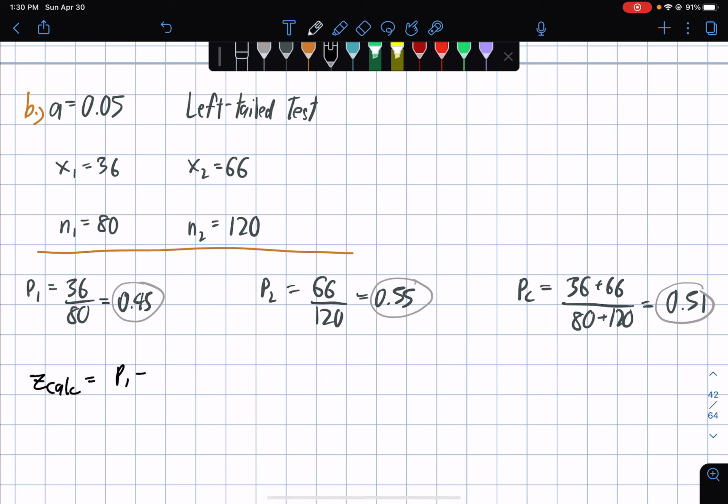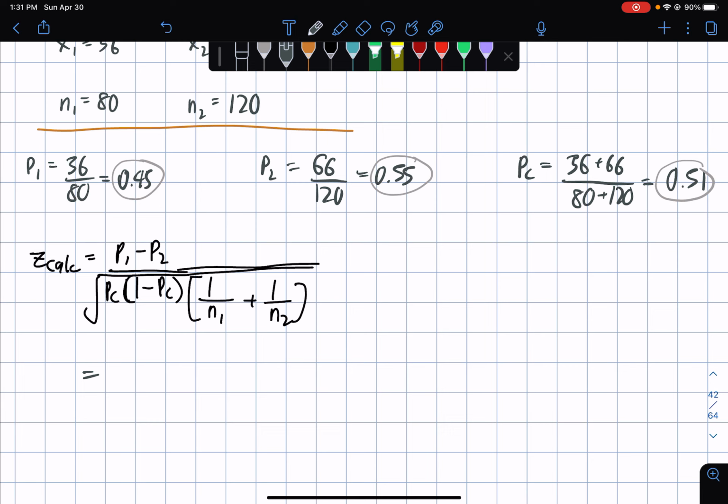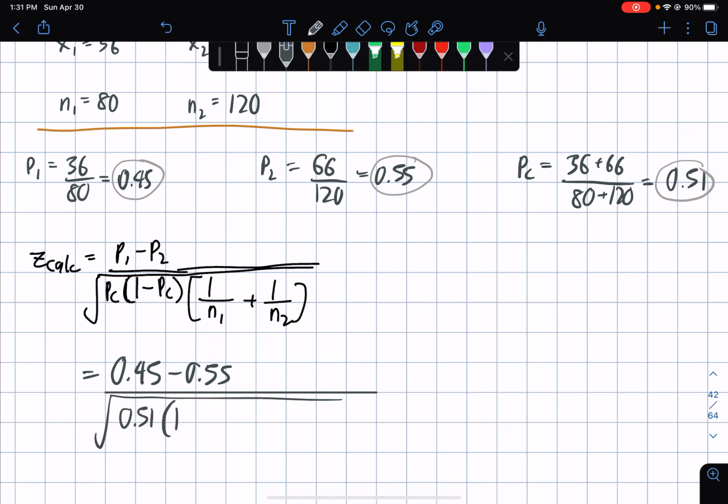Zcalc is equal to P1 minus P2 over PC times the quantity 1 minus PC times the quantity 1 over n1 plus 1 over n2. Everything in the denominator is under a radical sign. So P1 is 0.45, P2 is 0.55. Below, we have 0.51 times the quantity 1 minus 0.51 times the quantity 1 over n1 plus 1 over n2.